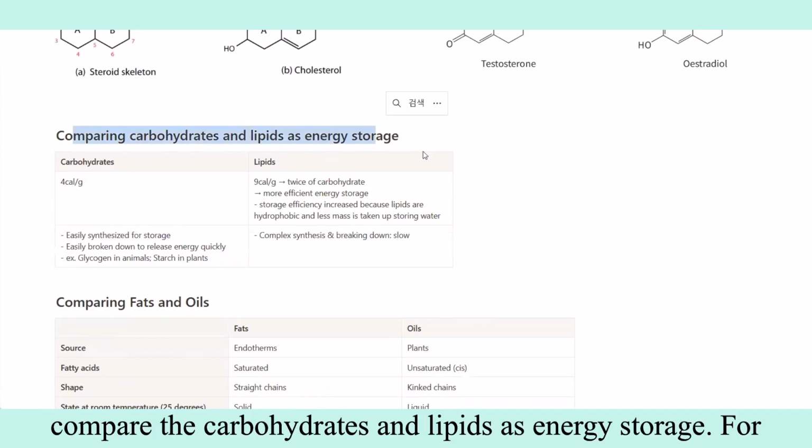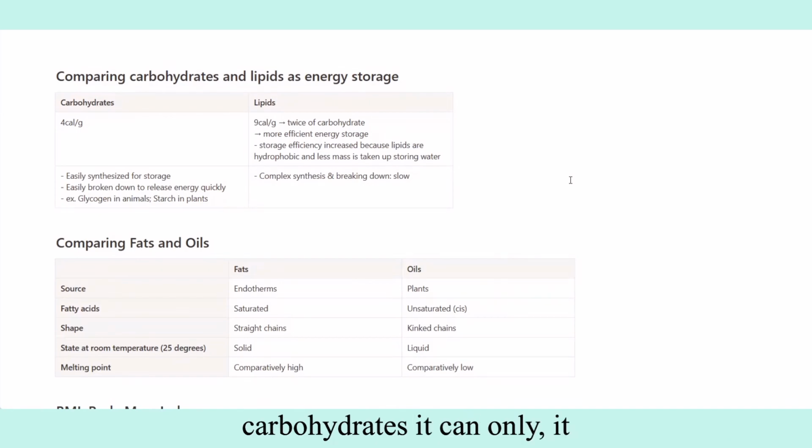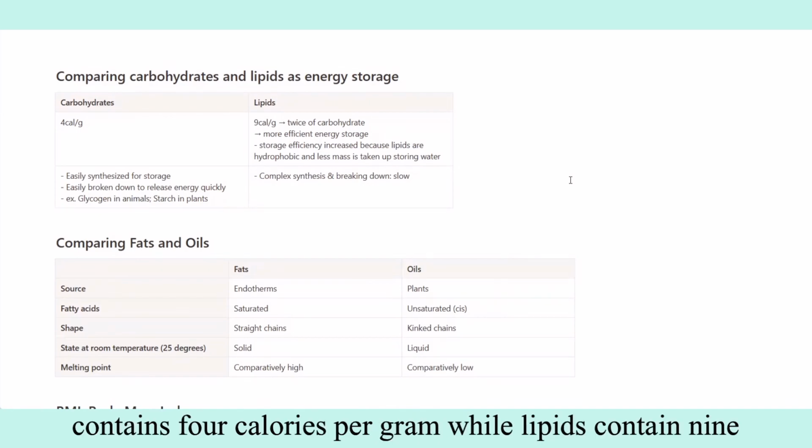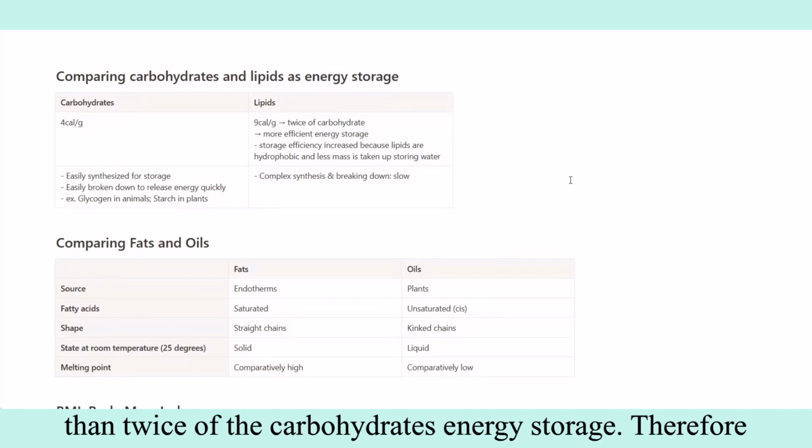Now let's compare carbohydrates and lipids as energy storage. Carbohydrates contain 4 calories per gram, while lipids contain 9 calories per gram, which is more than twice the carbohydrates' energy storage.